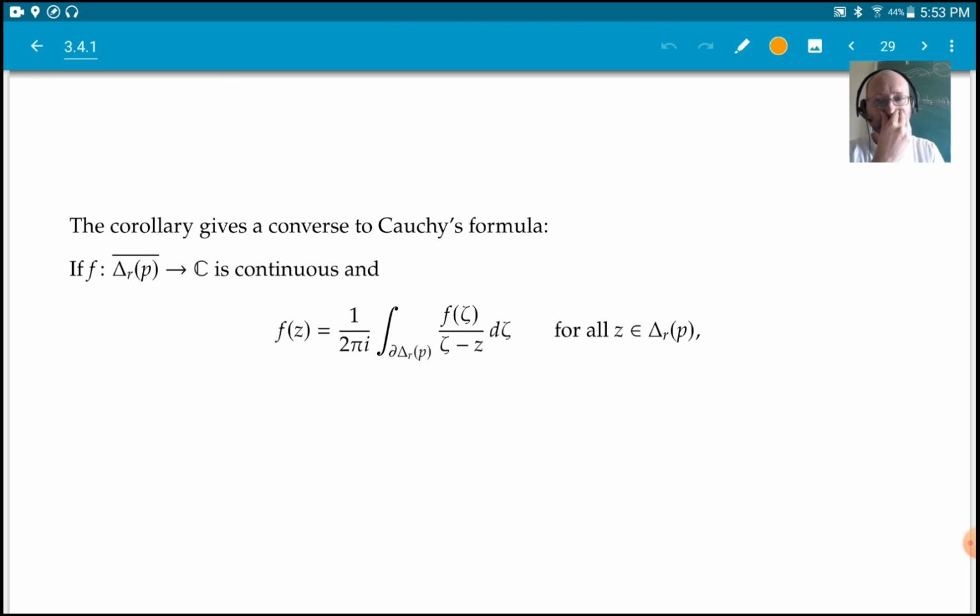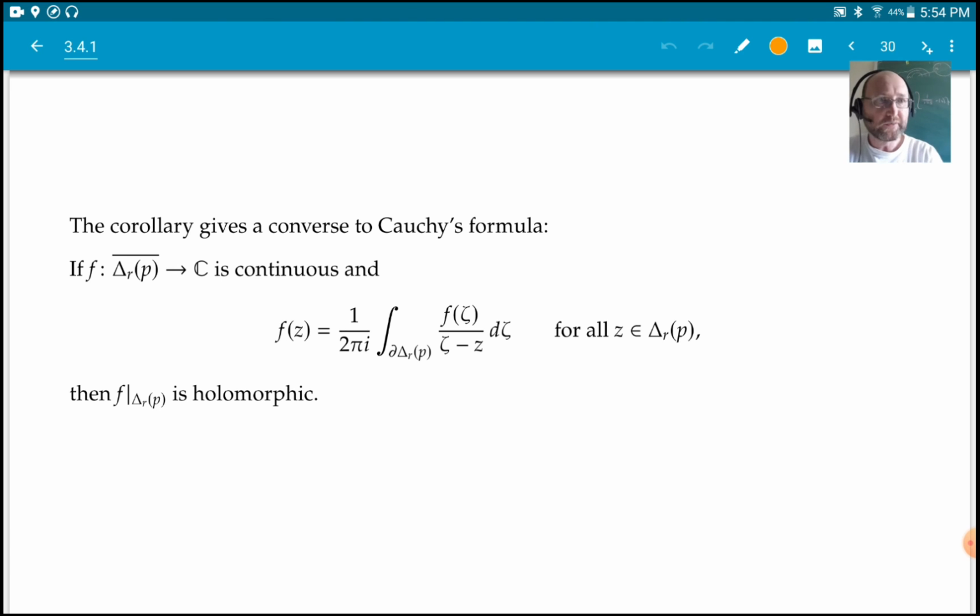If we start with a continuous function f on the closed disk, on the entire closed disk, and we get that the Cauchy formula is satisfied, so this is true for all Z inside, then f restricted to the inside is holomorphic.